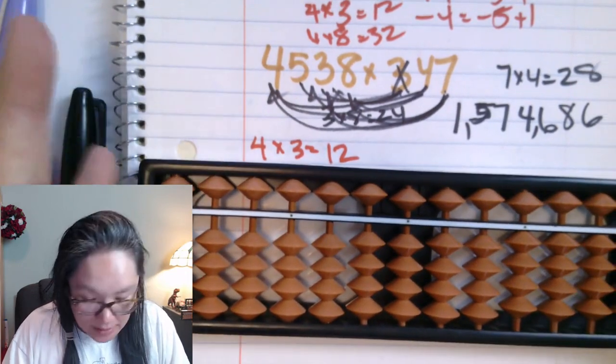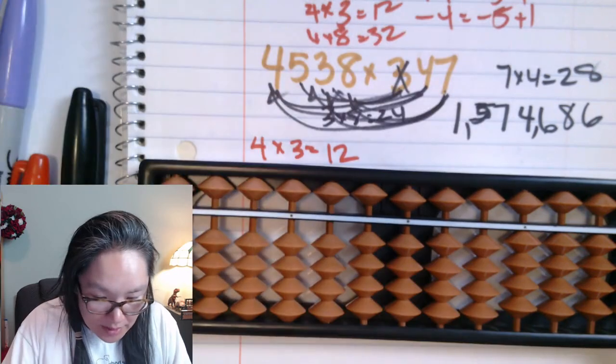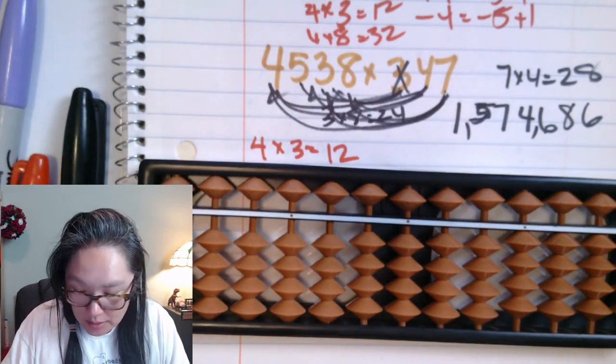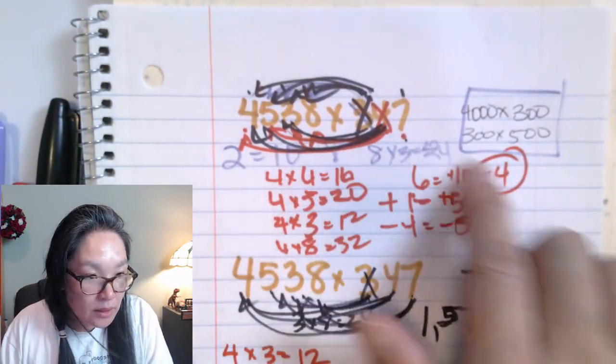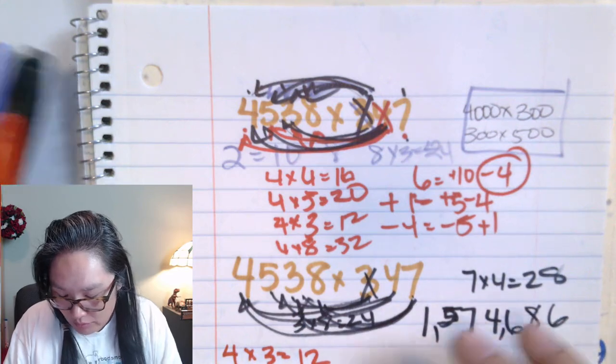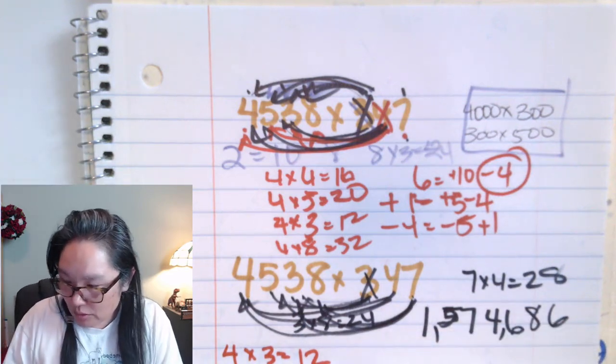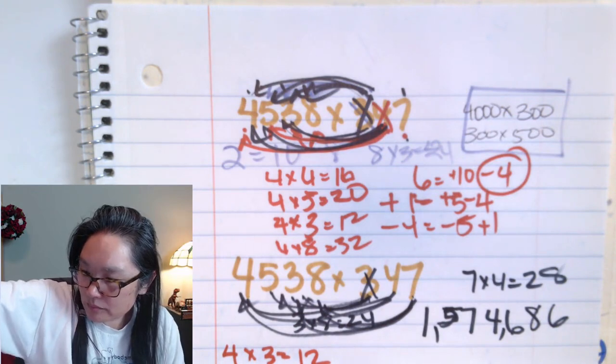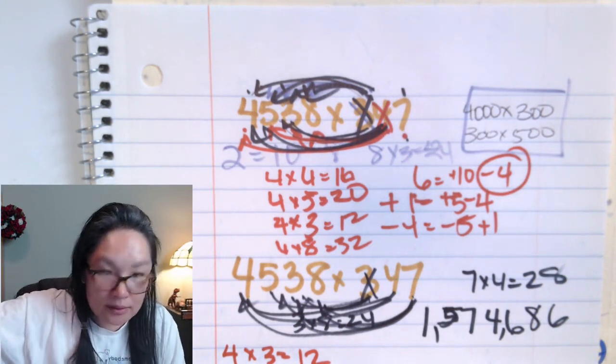So that was multiplication, and there was new math. I cannot imagine doing new math this way. That would be overwhelming. I could see why the kids wouldn't like it.